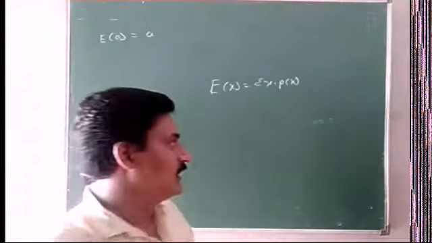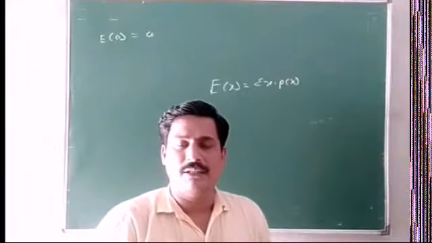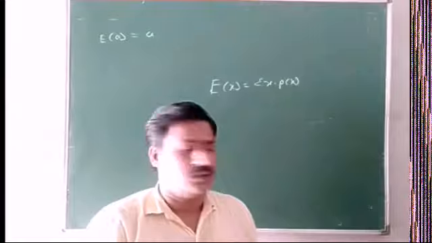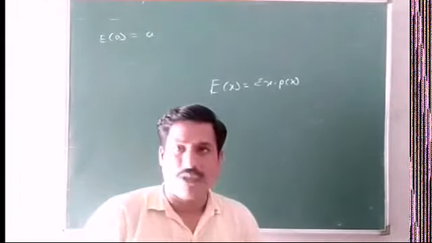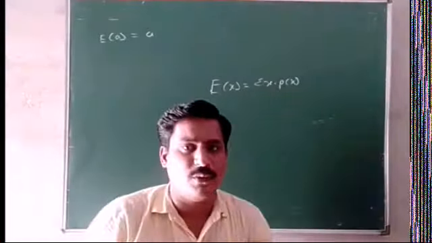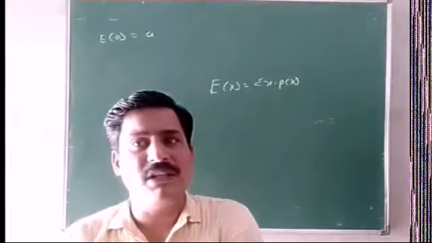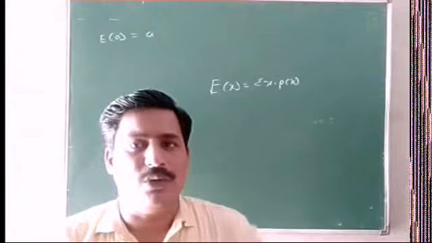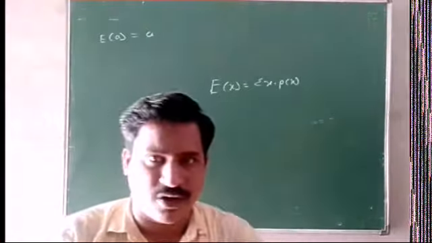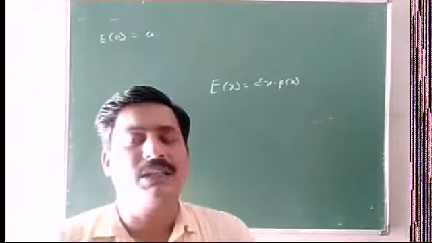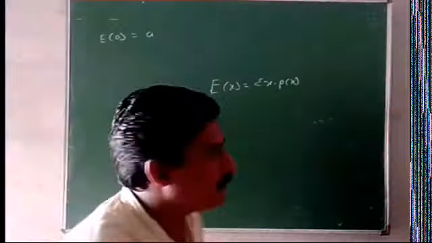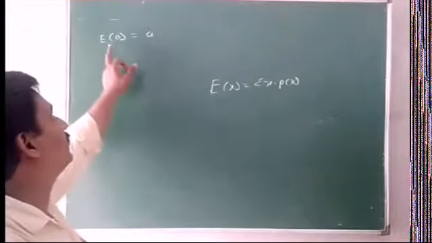Just now we saw in this example that summation xa, where a is a constant value and x's are variables, is nothing but summation x into a value. If we multiply once the total of all x values, we get summation x into a. In the same manner, E of a is equal to a.